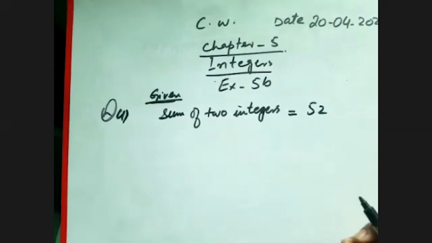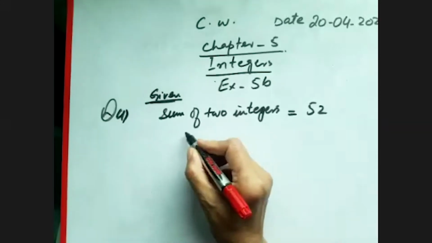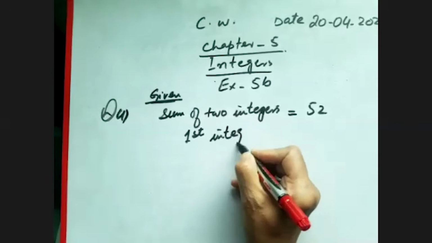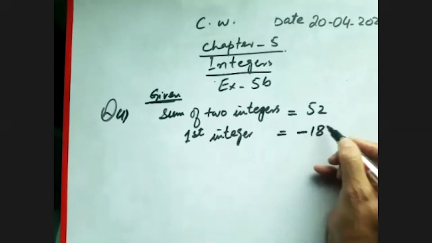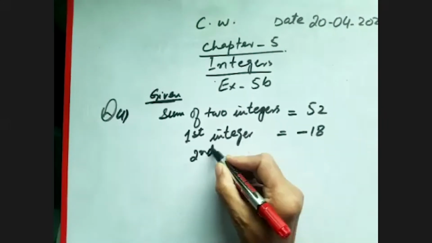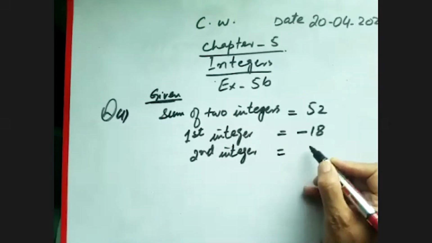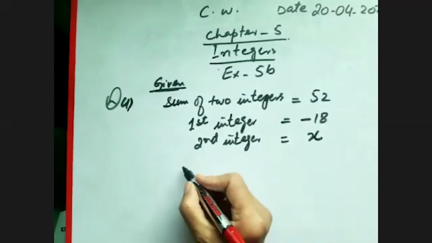If one of them is minus 18, so say the first integer is minus 18. You have to find out the second integer, which may be x. Now make the equation.